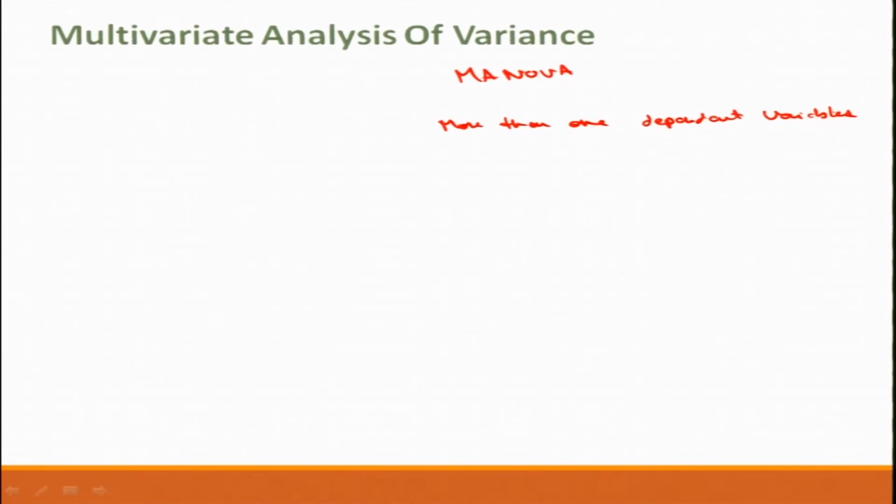In MANOVA the null hypothesis is that the vectors of means on multiple dependent variables are equal across groups. Multivariate analysis of variance is appropriate when there are two or more dependent variables that are correlated.